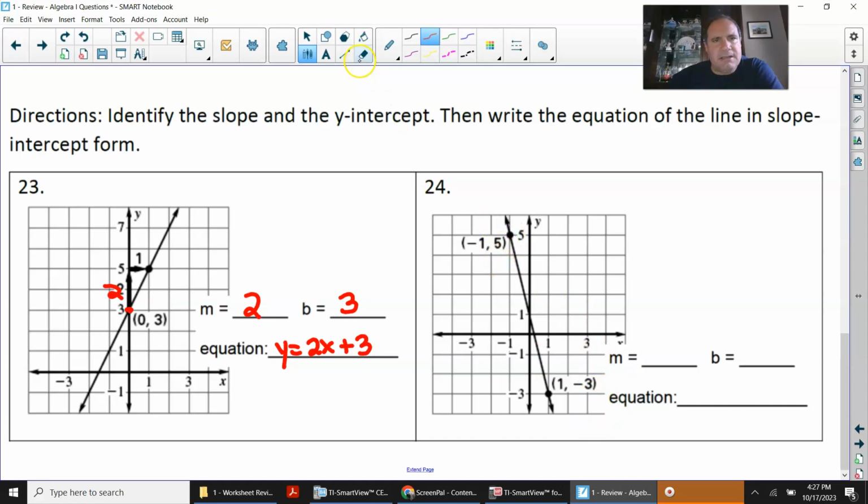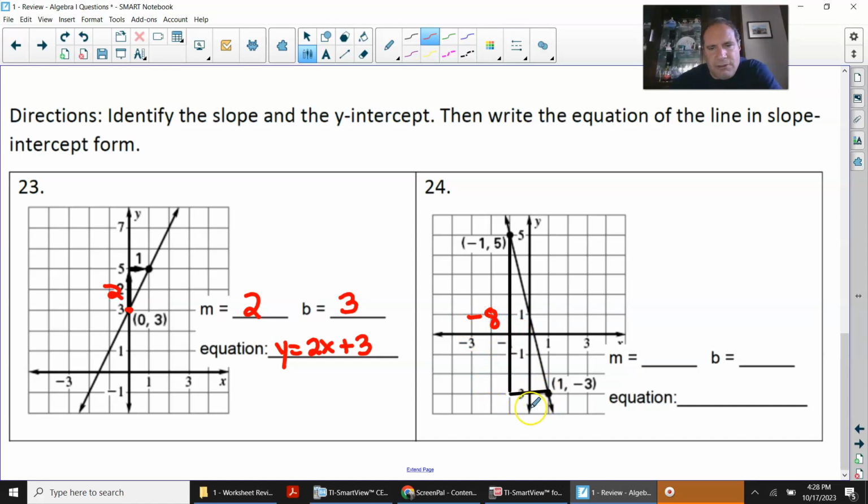Going down, this one is not done for you, but this is a negative slope right off the bat. You know it's negative. So I'm going to just go ahead and connect those points right there. And we are going to go down 1, 2, 3, 4, 5, 6, 7, 8. So that's a -8.